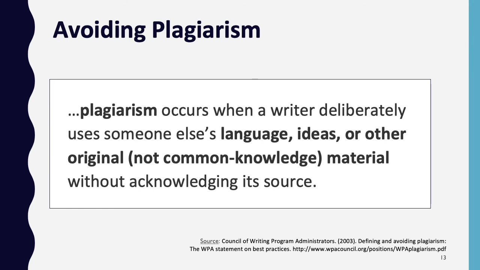Plagiarism occurs when a writer deliberately uses someone else's language, ideas, or other original material that is not common knowledge without acknowledging its source. In this slide, we've let you know that this definition of plagiarism didn't actually come from us, but from the Council of Writing Program Administrators and their definition of how to avoid plagiarism.